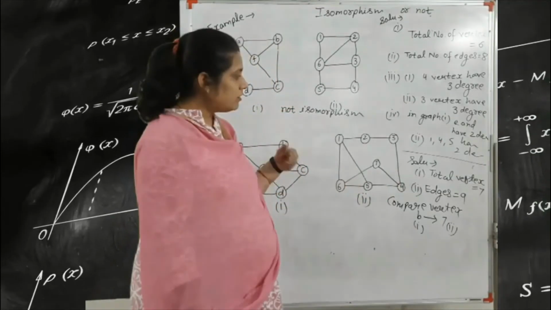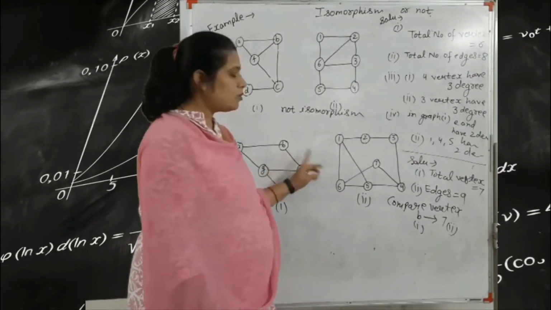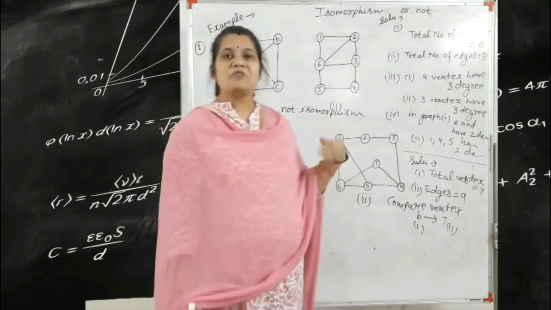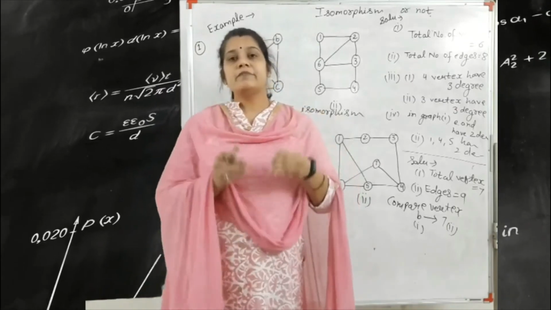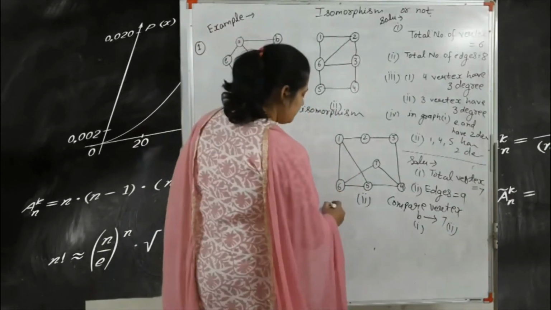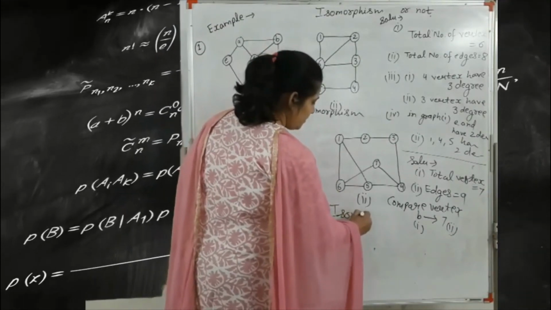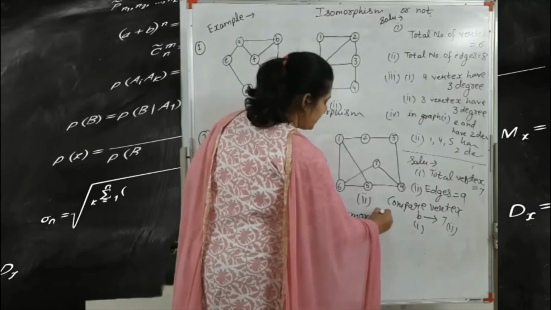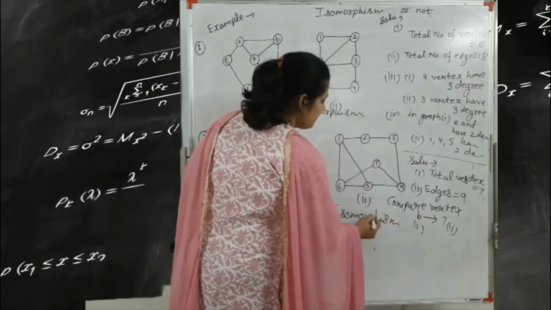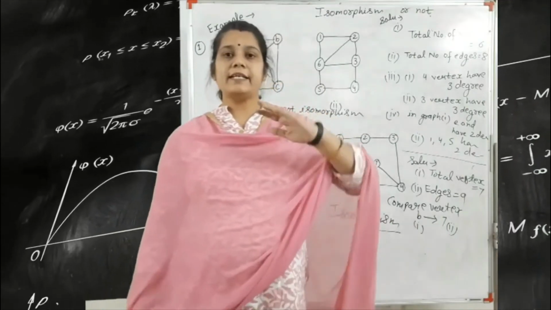That means all the other conditions are satisfied in both graphs. So we can say that the given graph is isomorphism. Here always keep in mind, first we find the isomorphism, so you check one by one.